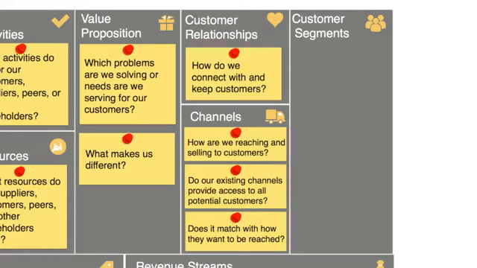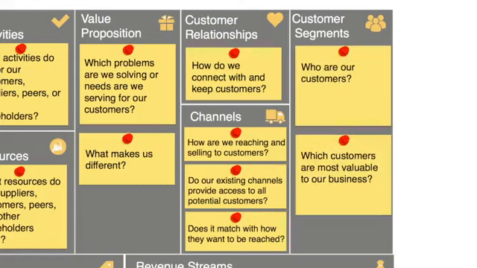Customer segments. No surprise, we want clarity. You want clarity on who exactly are your customers. So again, think about job titles, where they live, what their fears are, what their hobbies are, the education levels, how can you relate to them? And then which customers are most valuable to your business. Just because you can have a customer does not mean they're all created equal.